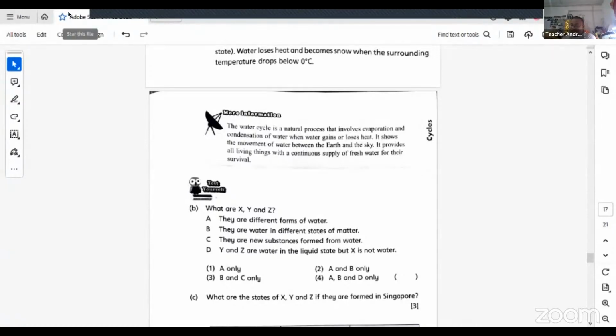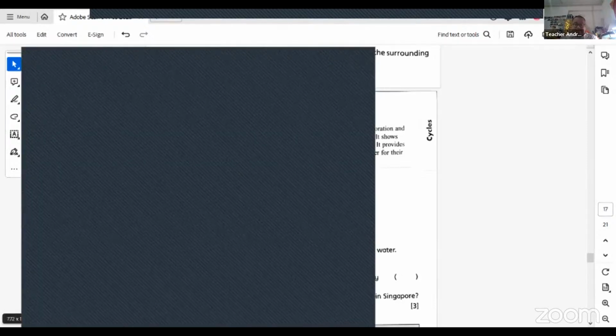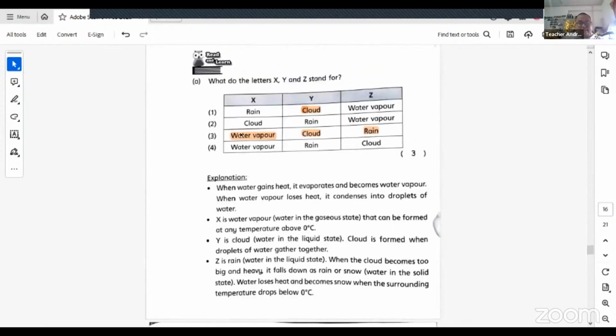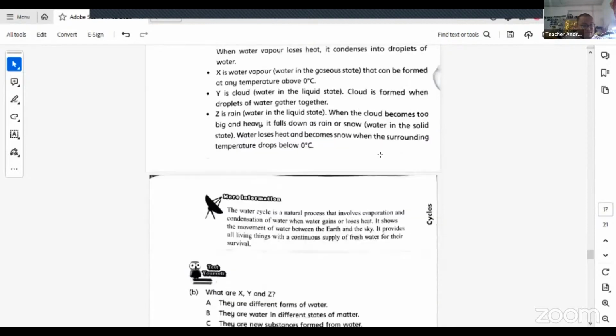Option B says they are water in different stages. Option C says they are new substances formed from water. Option D states that Y and Z are water, but X is not water. Let us look at X, Y, Z again: X is water vapor, Y is cloud, Z is rain.